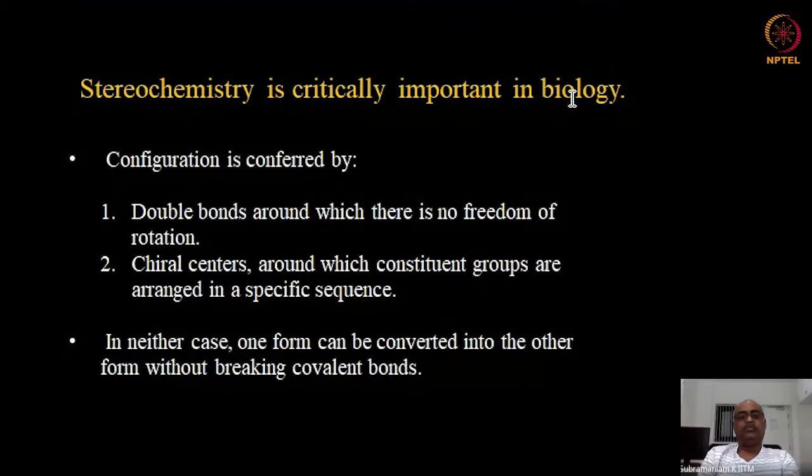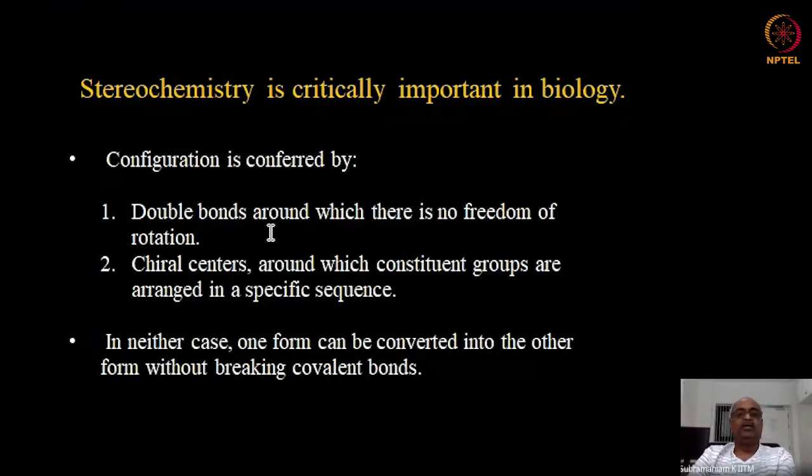One, if you have a double bond, around the double bond there is no freedom of rotation, and therefore the atoms get fixed in three-dimensional space with reference to other constituents.